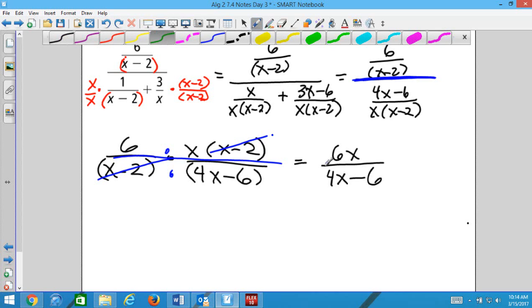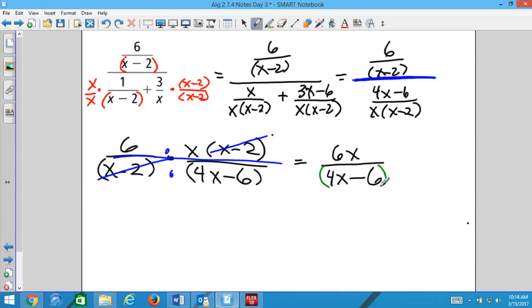Because the bottom one is a binomial, in order to cancel a 6, I have to factor it out. And it doesn't factor out. I can't factor the x's. The factor of the x is on top because that's just 6 times x. But on the bottom, I can't take out the x, so I can't cancel the x either. It's because it's a binomial.